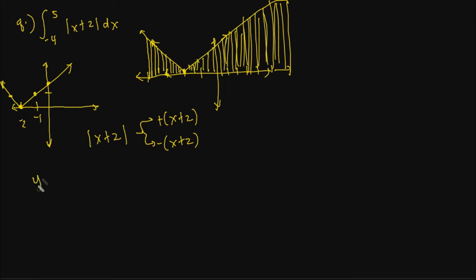If you try to rewrite this in terms of y equals mx plus b, this expression, x plus 2, has a positive slope. When the slope is positive, we know that this is that portion, because it is increasing. So therefore, this is your x plus 2, positive. Now this particular portion here, which goes downward, we know that this is the negative side of that. So that is negative x minus 2.